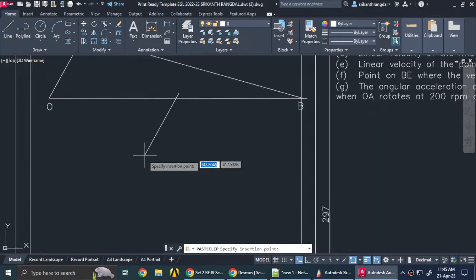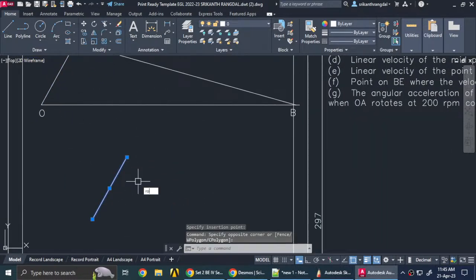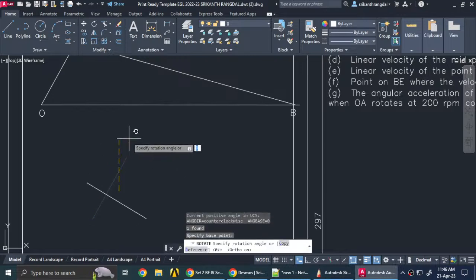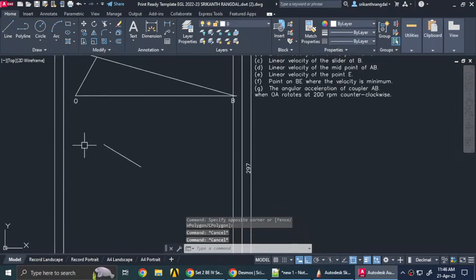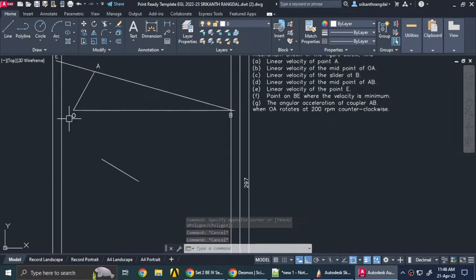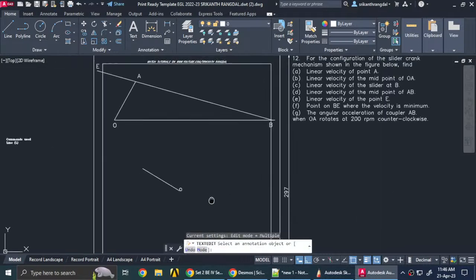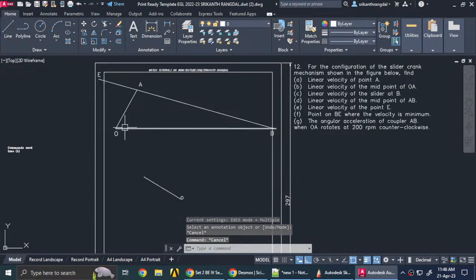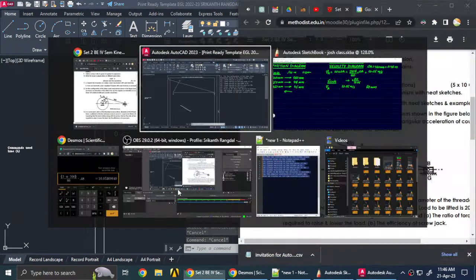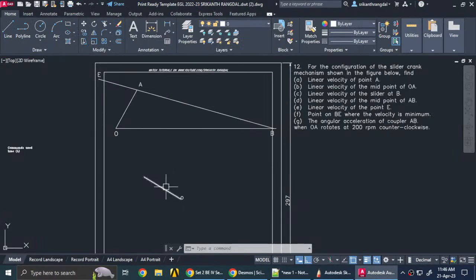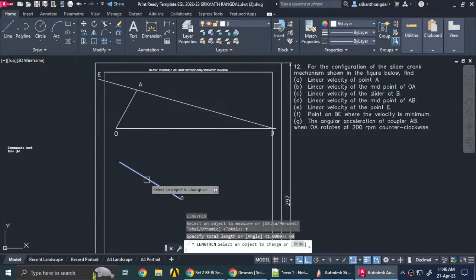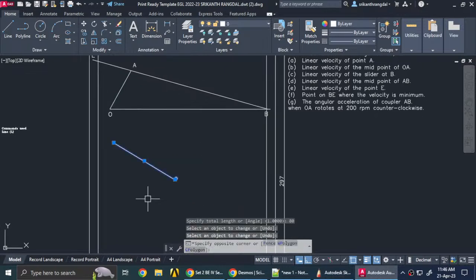Let me take a copy of this and rotate it by 90 degrees. This is my diagram, and it will be going in backward direction. This side we will call small o. This is the point which is fixed, and this length we have to draw as 80 mm, as we decided. So make it 80 mm.